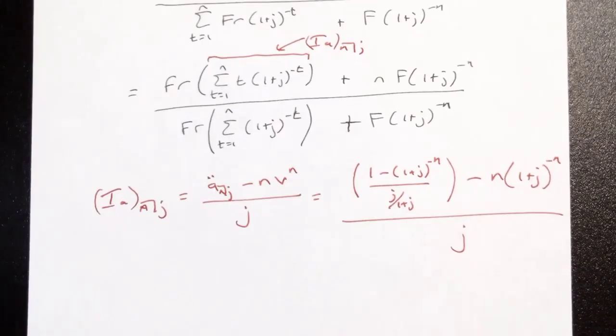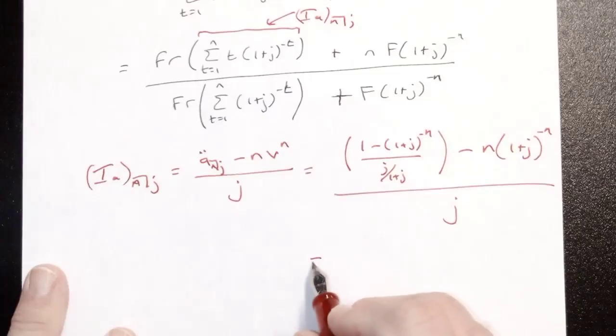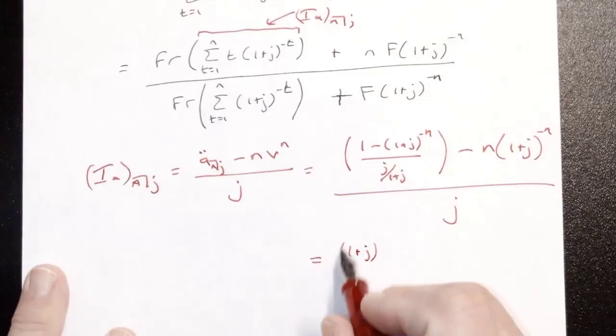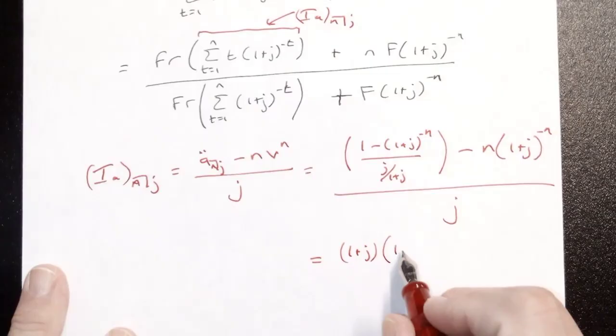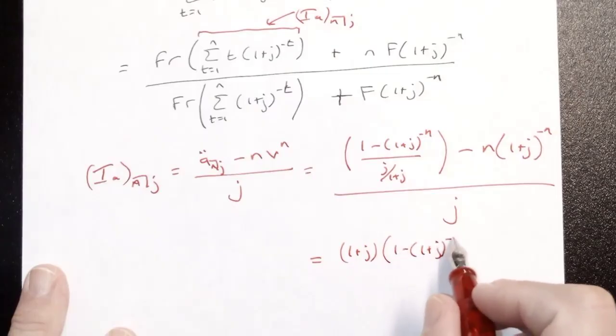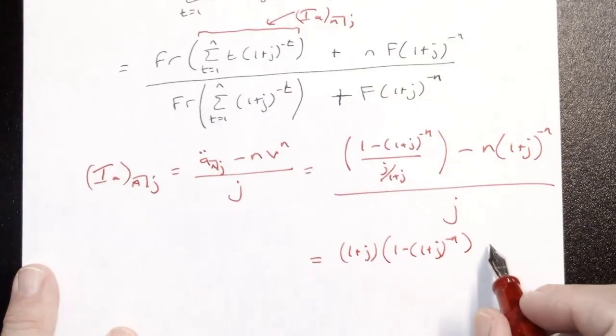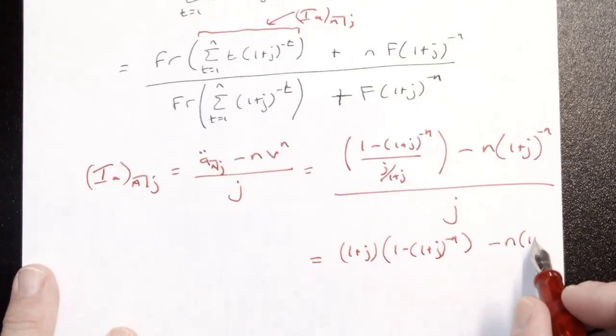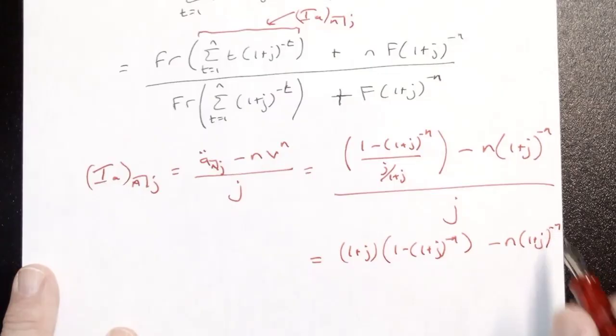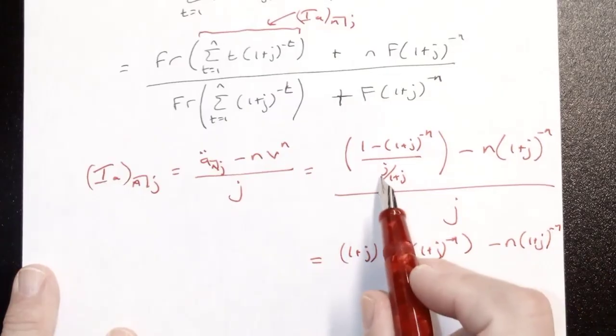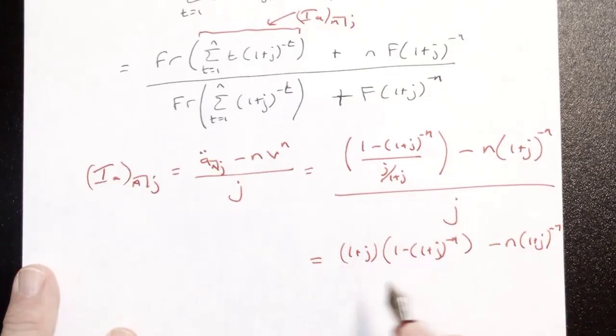All right, wait a second. Let's simplify this. We'll put the 1 plus j on top, and then it'll be 1 minus 1 plus j to the negative n. And then we'll have minus n, 1 plus j to negative n. If I flip this, there's a j on the bottom here. There's also another j on the bottom here.